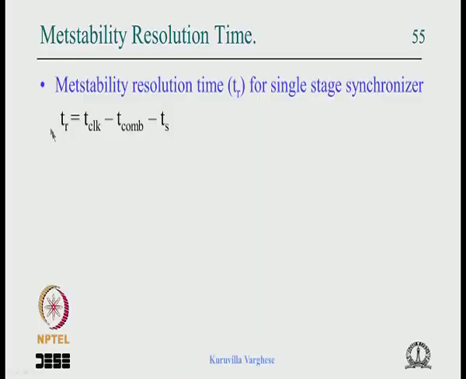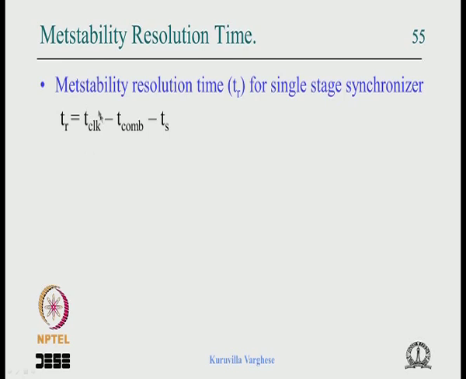Then we fix the clock period and go back and design to meet this clock period requirement. So we cannot arbitrarily reduce the clock period. Our aim is to increase the TR, because we find the probability is still high, so we want to reduce it. So what to do next?